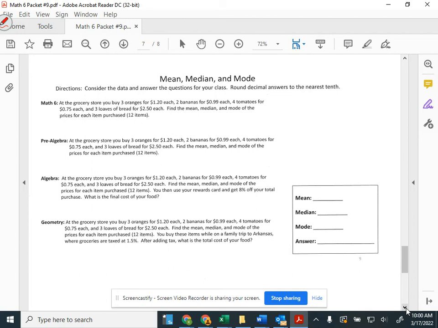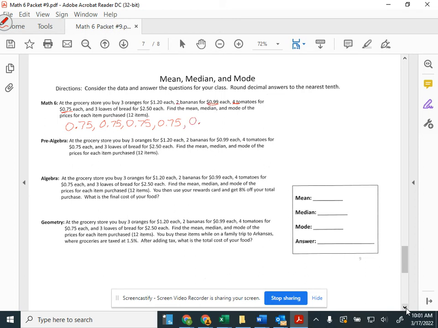Will? 4 tomatoes. 0.75. And there are 4 of those tomatoes. So I'm going to write 0.75, 0.75, 0.75, 0.75. I'm going to do it 4 times. What's my next price that I'm going to put? Aiden? 0.99. And there are 2 of them.